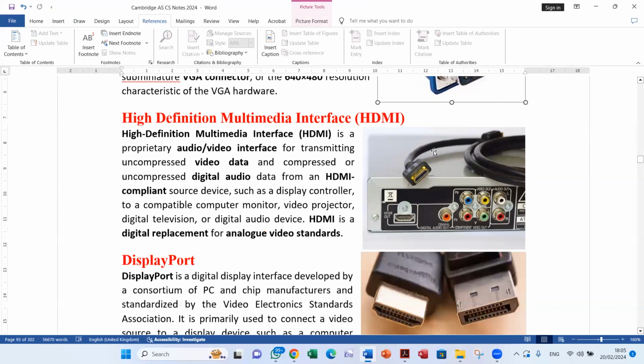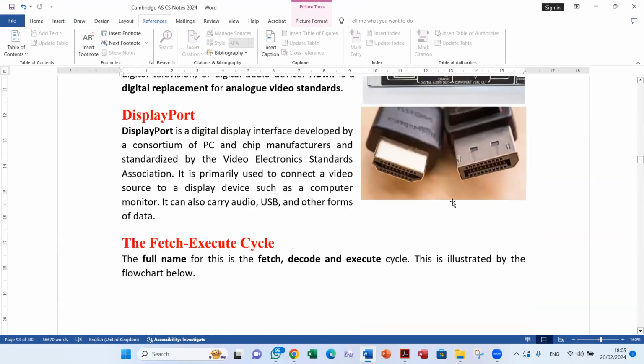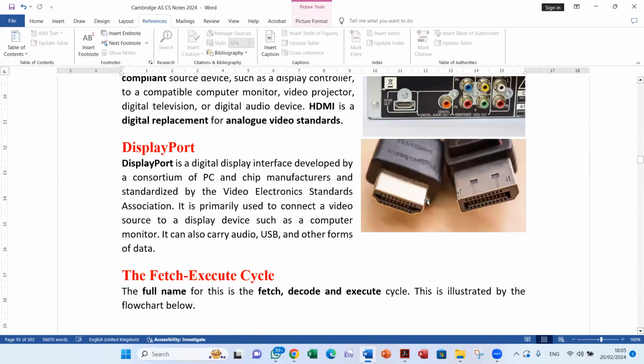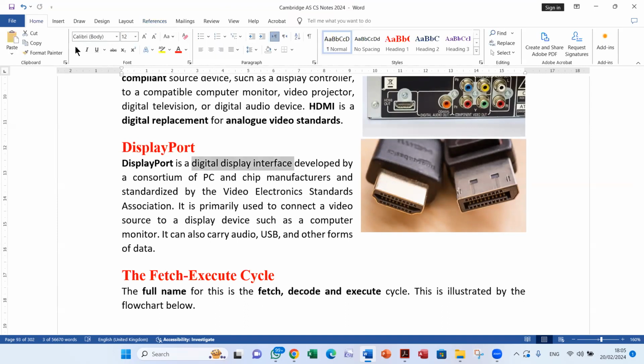These sockets are called DisplayPort. This is HDMI, this is DisplayPort. It is a digital display interface developed by a consortium of PC and chip manufacturers and standardized by the Video Electronics Standards Association.